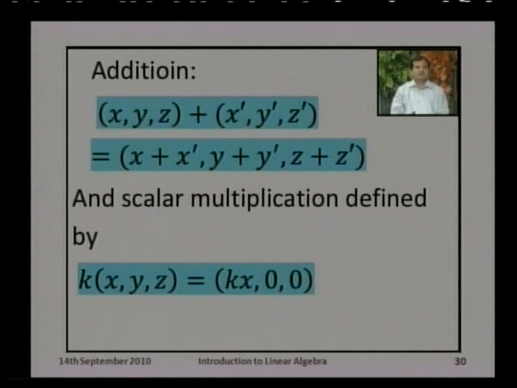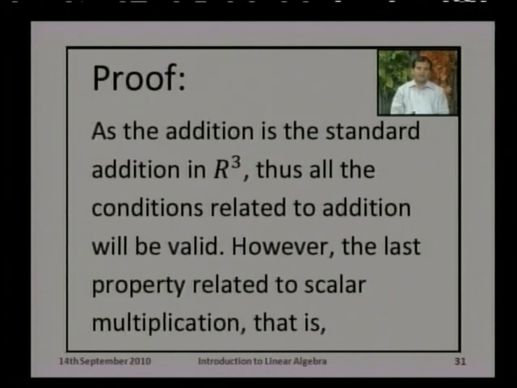Here k times (x, y, z) is equal to (kx, 0, 0), and because of this it might not satisfy all the conditions of a vector space. The proof is very easy.